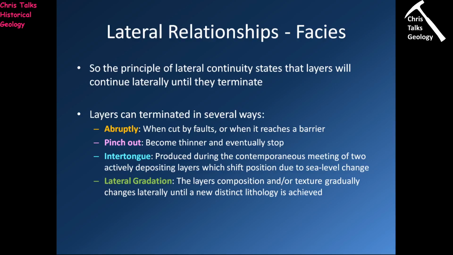Now you're out of the water and into a dry environment. So in that case, we have an abrupt transition. The river sediments stop at the edge of the river channel, and then you transition into a new environment.